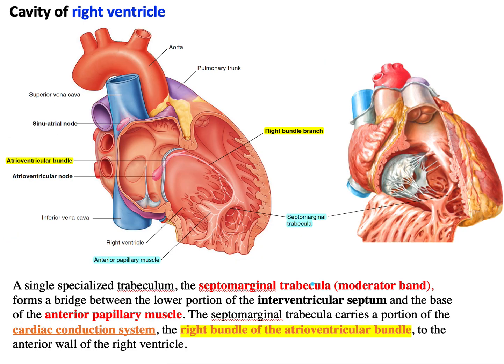So, as I mentioned, there is a single specialized trabeculum known as the septomarginal trabecula or moderator band that forms like a bridge between the lower border of the interventricular septum.